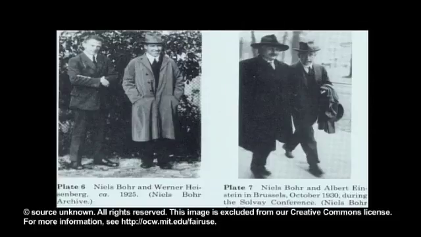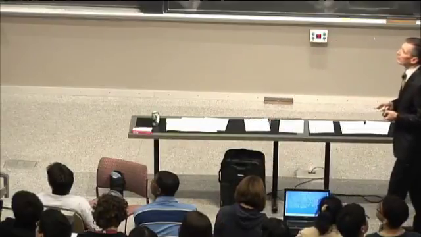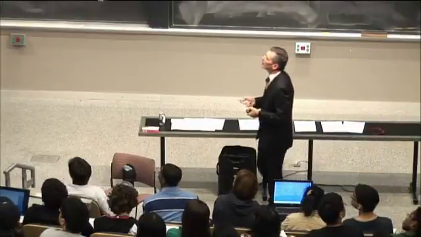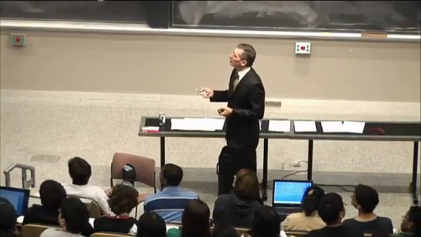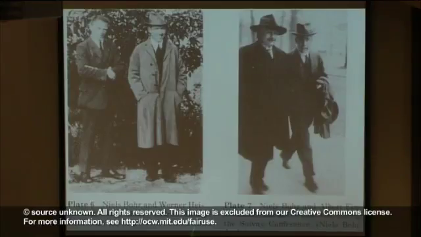Here's a young Niels Bohr. This is Bohr with Werner Heisenberg. Heisenberg was a postdoc that worked with Bohr in 1925 and enunciated the uncertainty principle, which we will study a few lectures from now. This was a chemical conference sponsored by a chemical company, Solvay, Brussels, 1930. There's Bohr and Einstein.